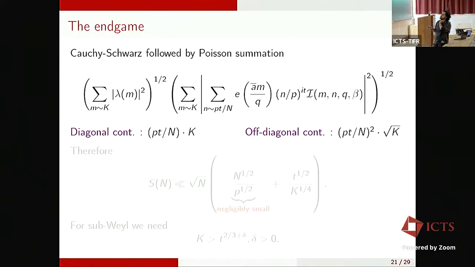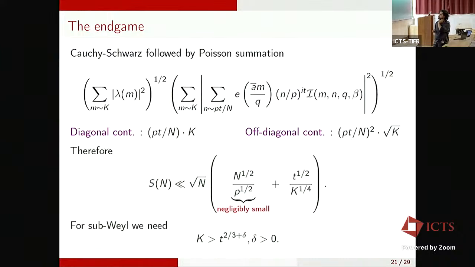But again, since this is an additive character, the character sum will give a congruence condition, and hence you don't see the arithmetic modulus here, so you just get the square root of the analytic conductor. Okay, so if you put everything together now and see where we are, we arrive at the following bound.